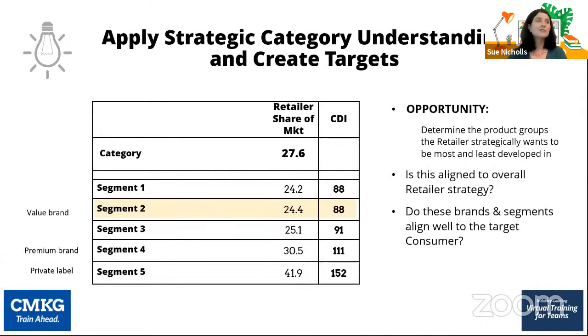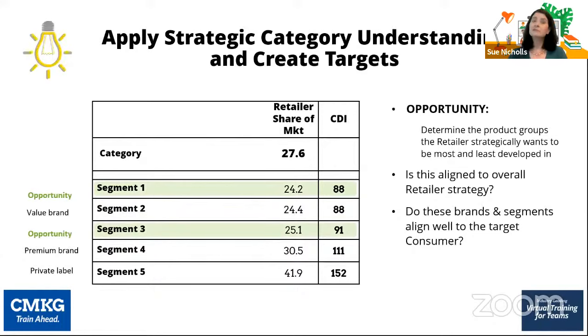Then you're probably not going to get very far, if they understand that that is their biggest competition. So why would they want to increase development in segment 2 if it's a less loyal customer, or if it's going to compete directly with their private label?